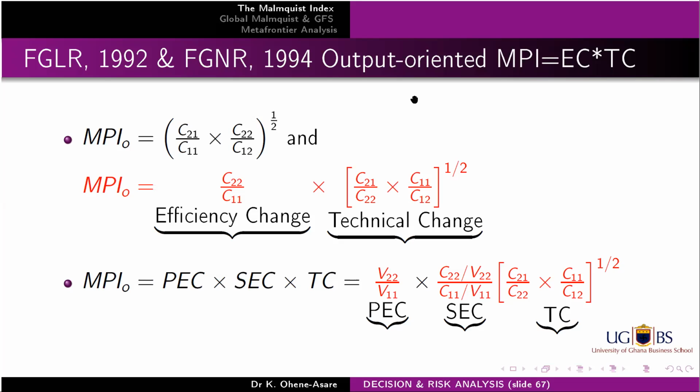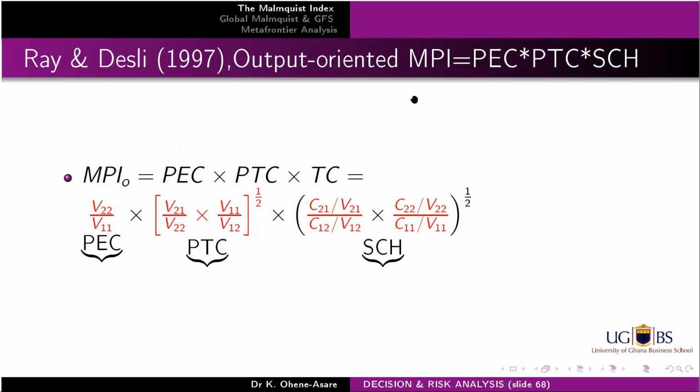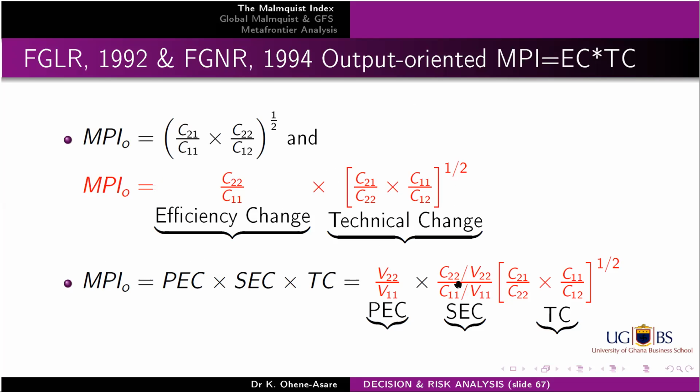Let me see what I can show you. This is the one. Ray and Desley said that this decomposition we just looked at has a problem. The problem is very simple. Why will you estimate some of the efficiency scores relative to VRS and some relative to CRS? It doesn't make sense.